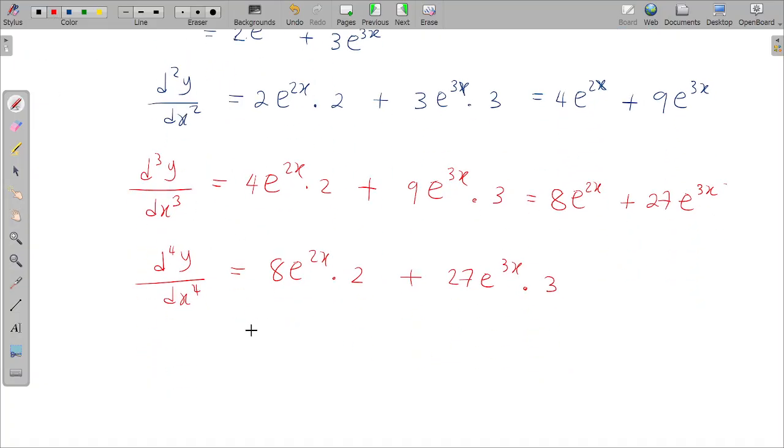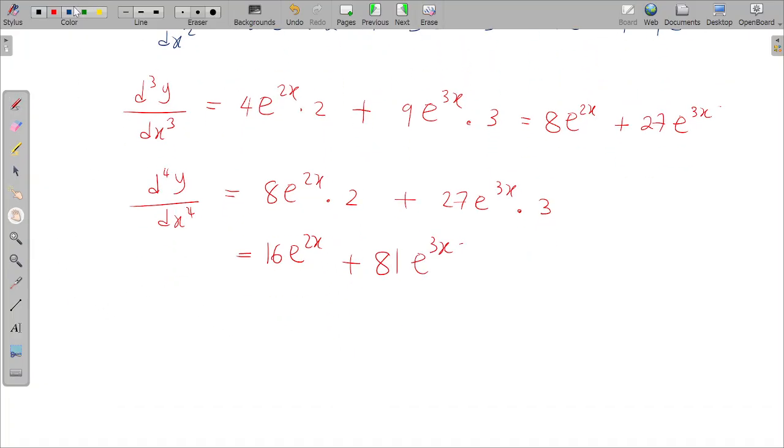Okay, what do we have in that one? This is 16e^(2x) plus 81e^(3x). Okay, that is fine.